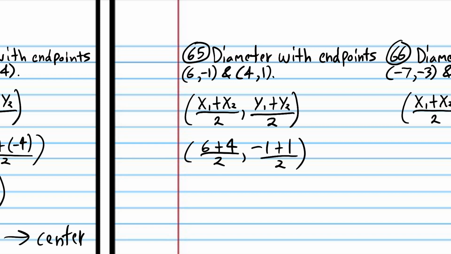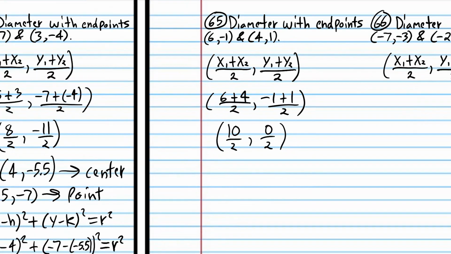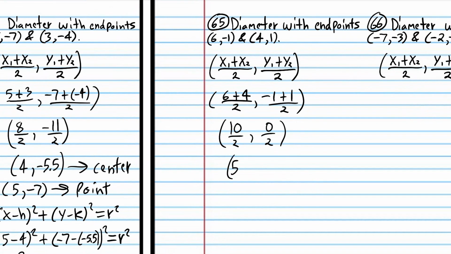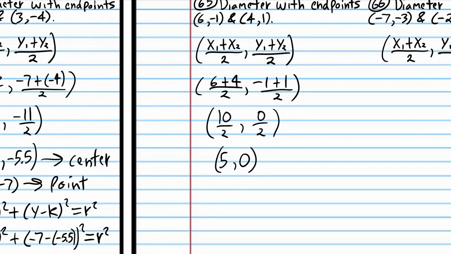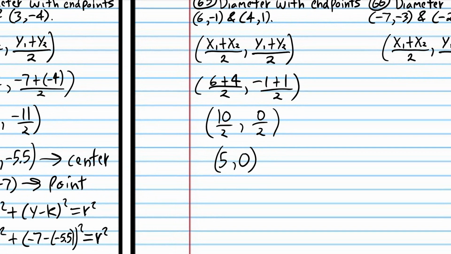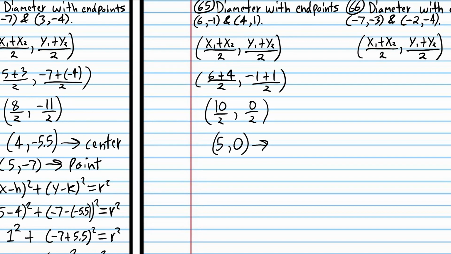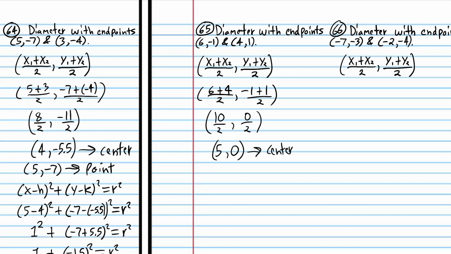And we get 10 over 2 and 0 over 2, which becomes 5, 0. Any fraction with 0 in the numerator is going to be 0. So that is the center, and then we can use any one of those points. I'm going to use 4, 1 because that doesn't have any negatives.